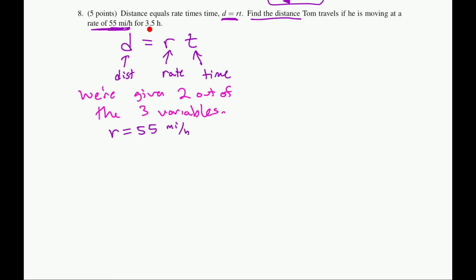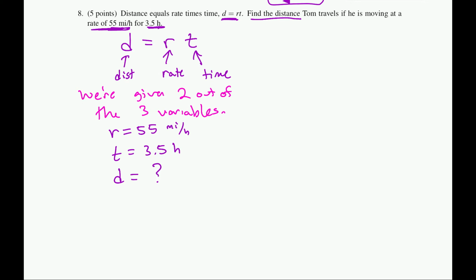And then we've got 3.5 hours. That is a time, right? So that's t. And we're missing the distance. We don't know it. So do you see how we know 2 of these, but we don't know the third one?